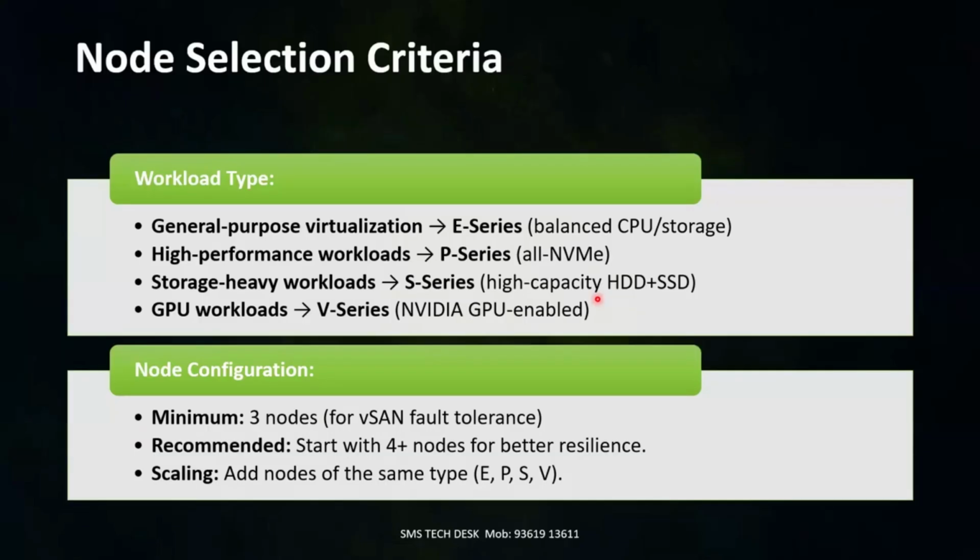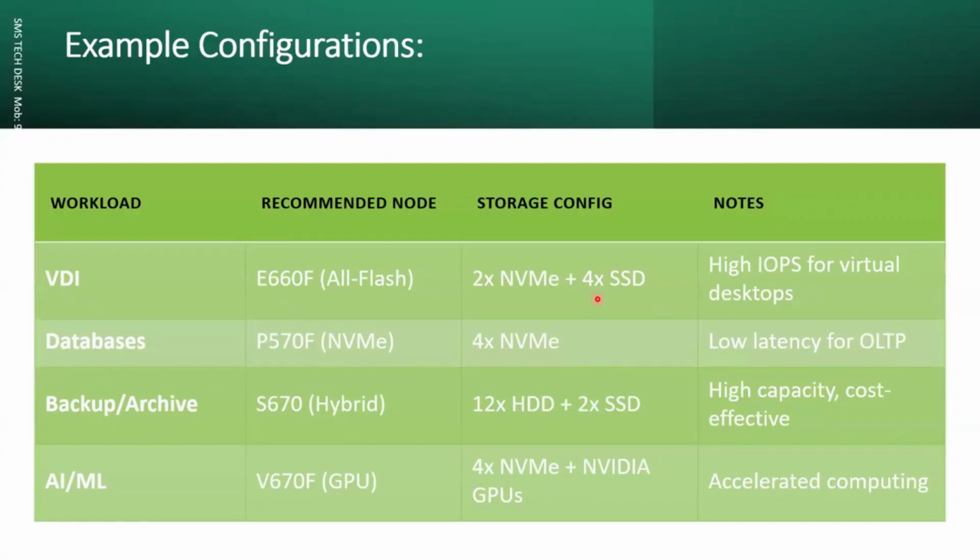Let me share an example configuration. Here is the example configuration for VDI, database, backup and archive, and AI/ML, artificial intelligence and machine learning. For VDI, you can go for E660 E series servers.